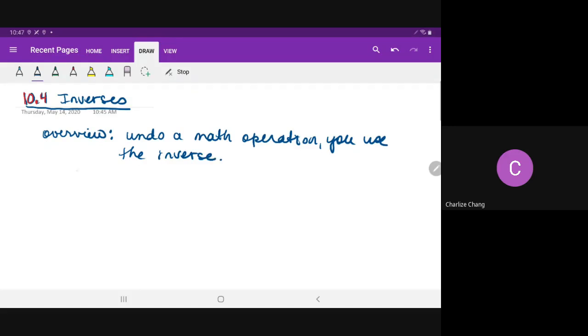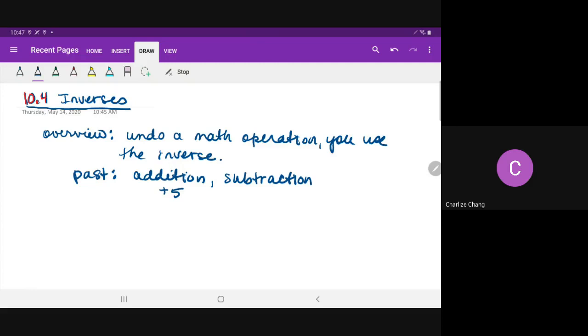So in the past, what you've seen before is if you have an addition. So say I added 5 to something. Well, for me to get rid of the adding 5, I can do the inverse, which is subtraction.